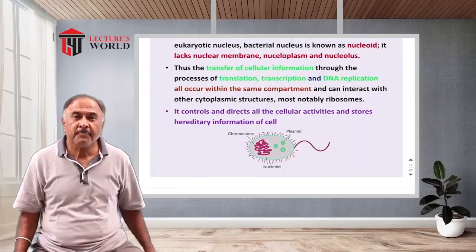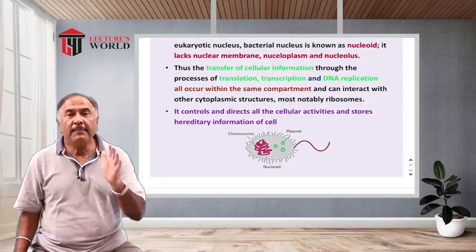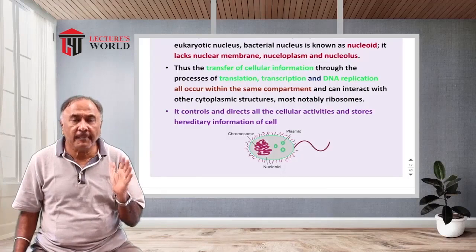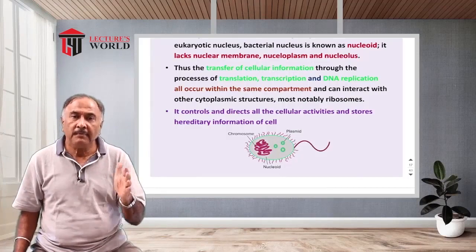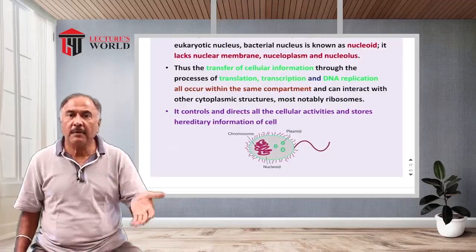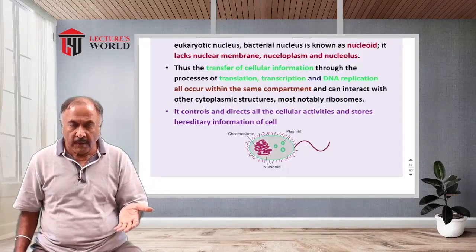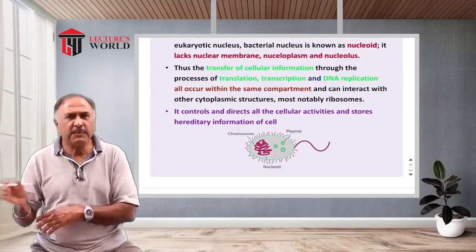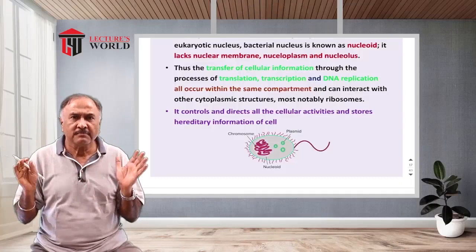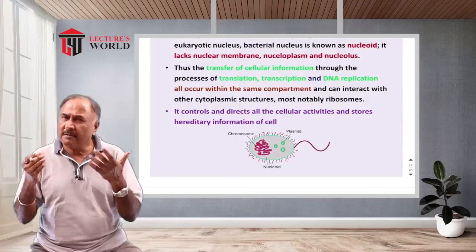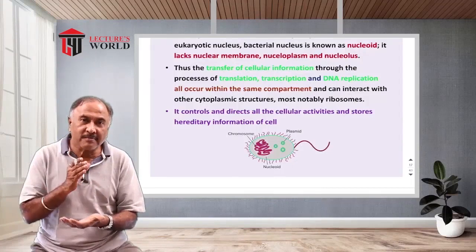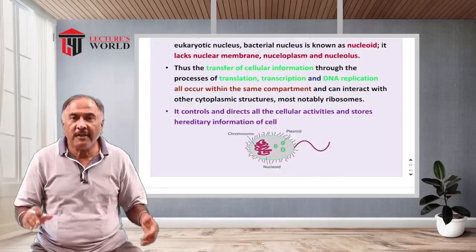The presence of plasmid would help in formation of a fimbria, pili, we call it F pili, which helps in conjugation. So plasmids can be disposed of. The cell can function without plasmid, but the cell cannot live or multiply without DNA or RNA.